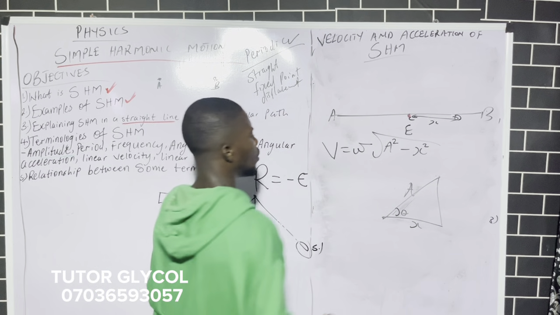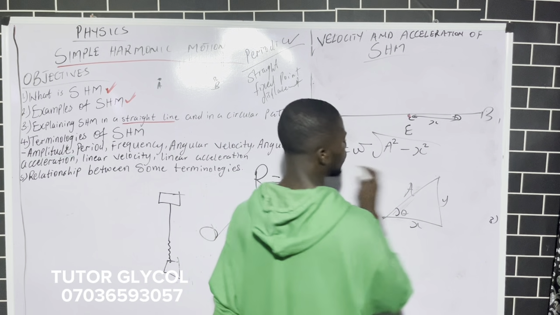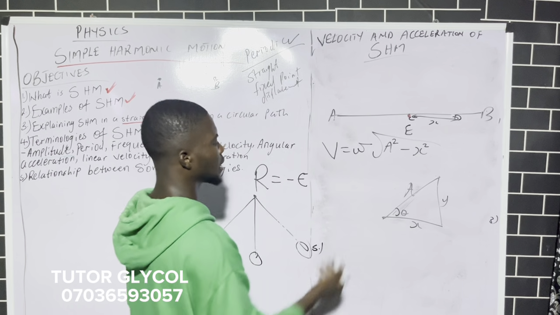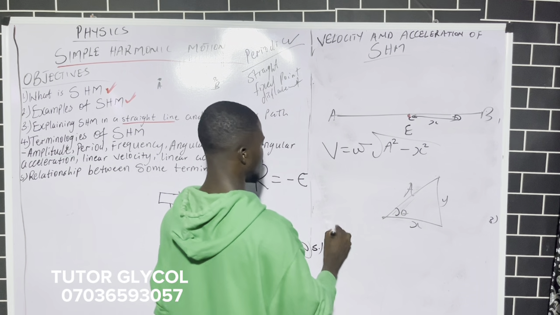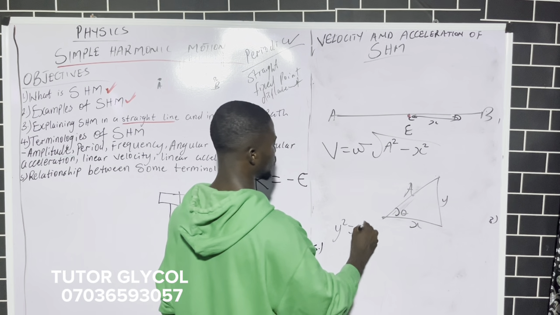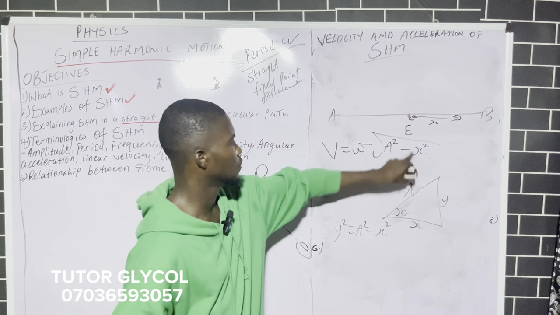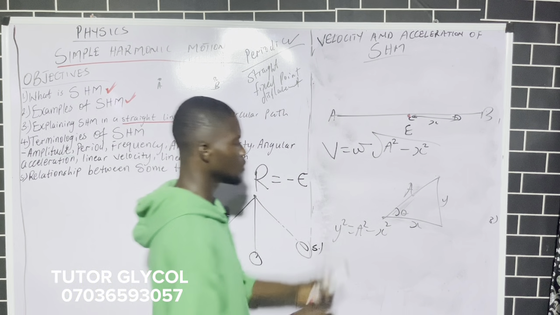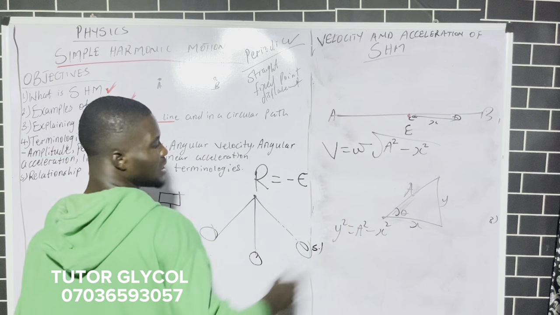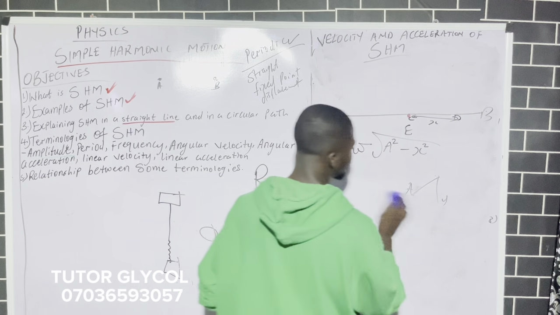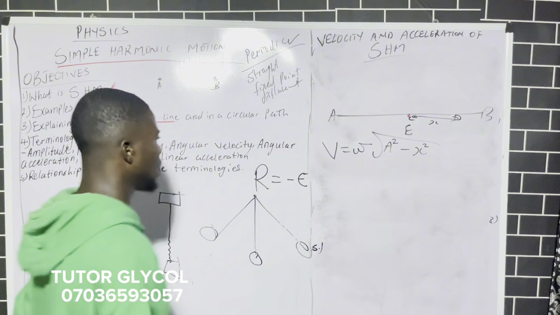So using Pythagoras theorem, we have y square is equal to A square minus S square. So this is where they got this from. If you understand, it's just putting one or two things together. You don't need the derivation for that one. All you have to know is that this is the formula for finding the velocity.